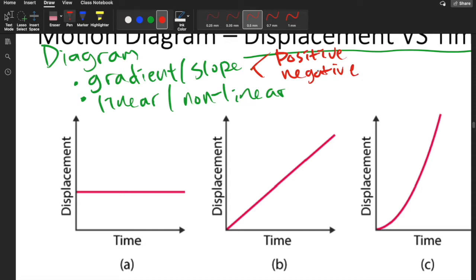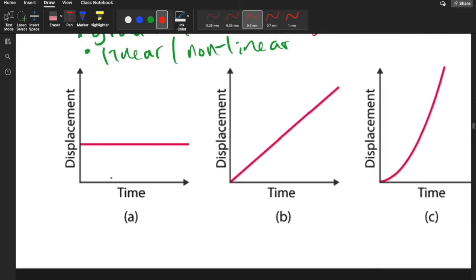Now what we need to do is think about those mathematical relationships in terms of physical parameters. So first of all, what does a gradient mean? Gradient is equal to change in y over change in x.